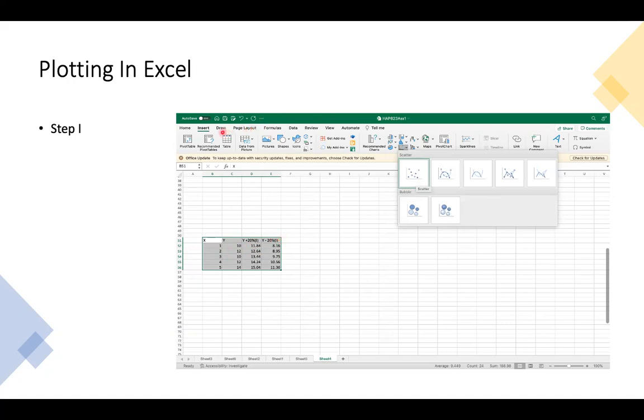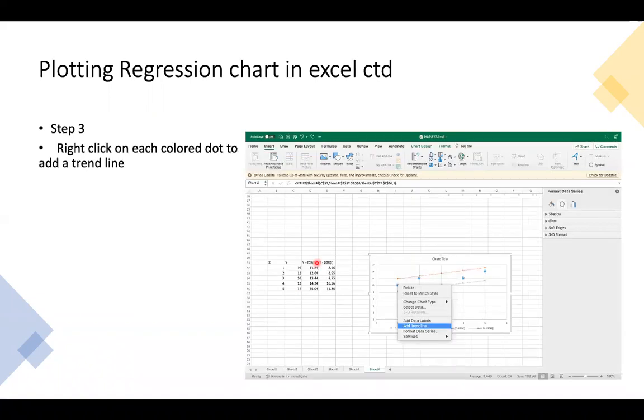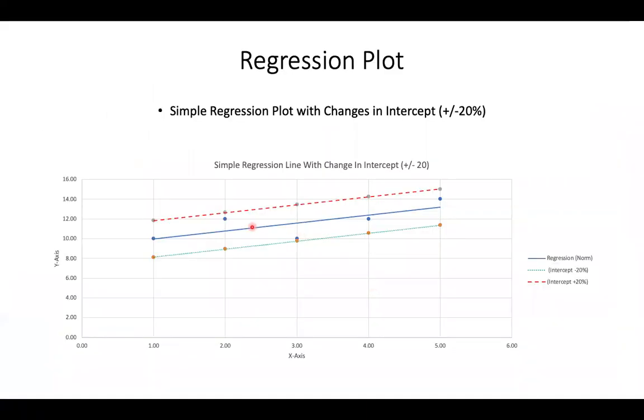So you go to the insert portion of Excel, then click on the scatter plot, and the scatter plot appears. Then the next thing is to highlight each of the points on the scatter plot to add a trend line.